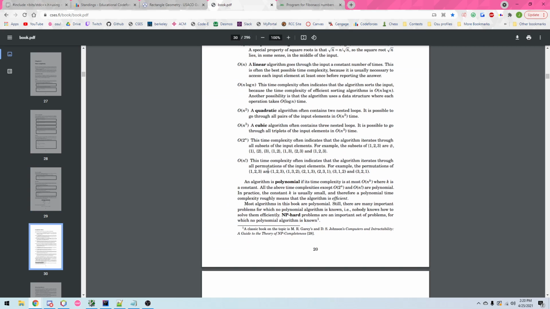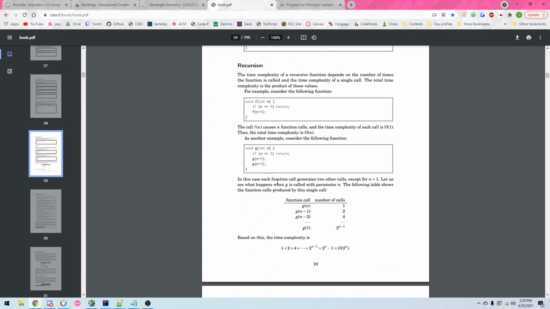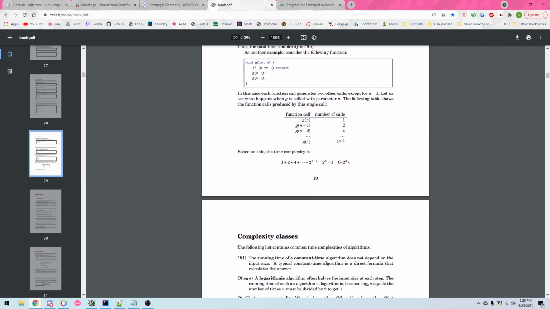It very quickly branches out, right? So the total time complexity is 2 to the n, because if we start at g of n, we only have 1 call so far. Then we go to g of n minus 1, we double it, we get 2 total calls. g of n minus 2, 4, and it's gonna keep going until we're done. So the total time complexity is 2 to the n.